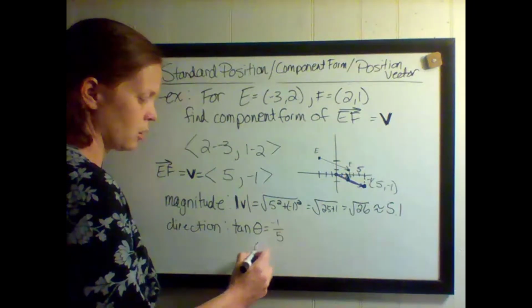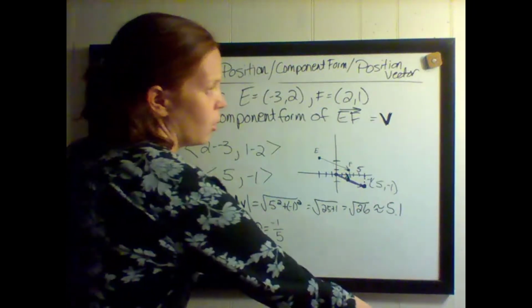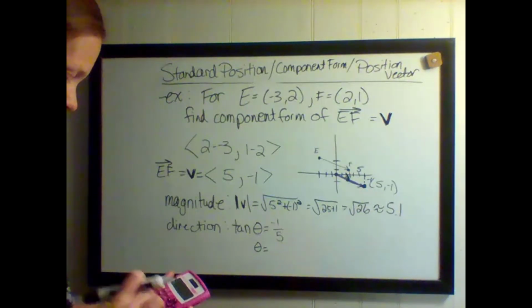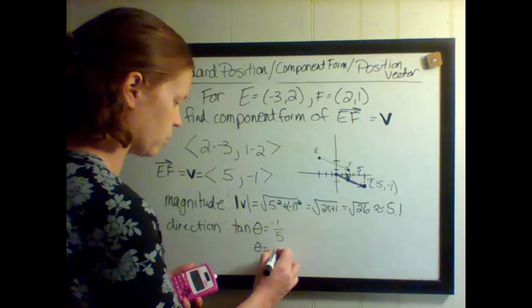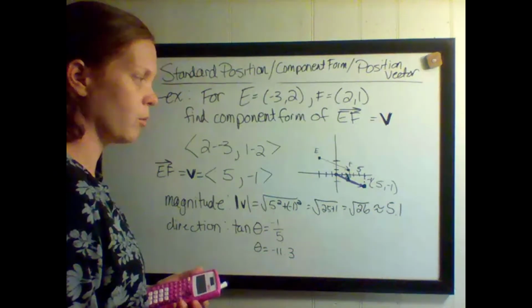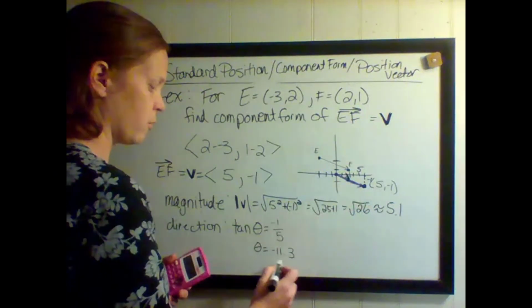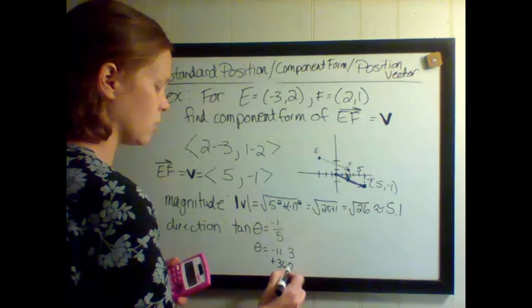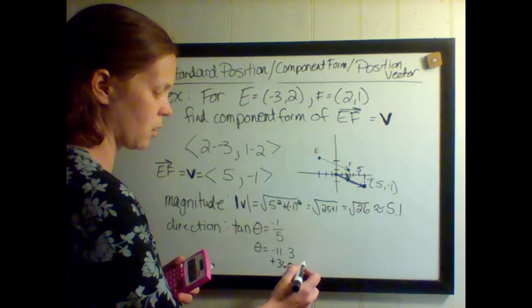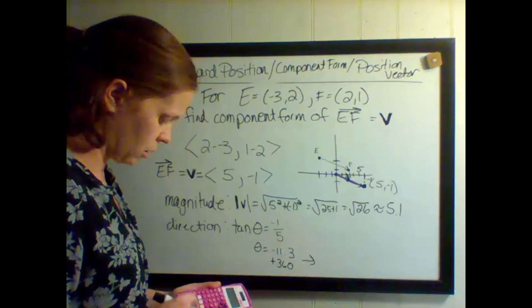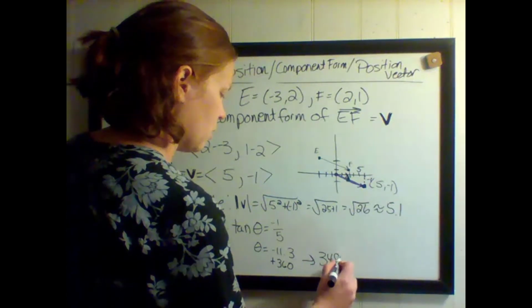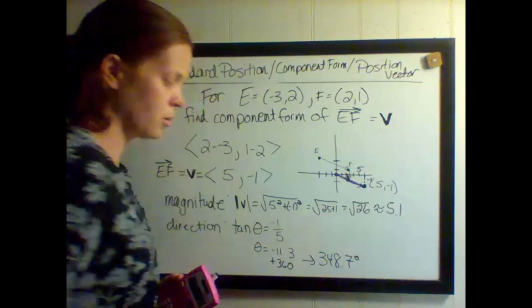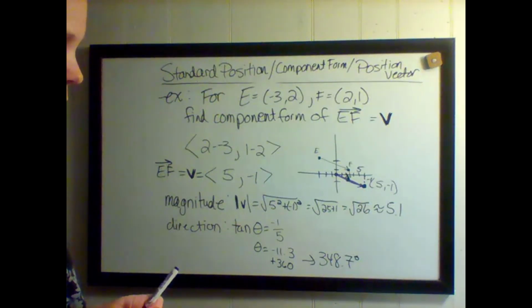So when I do tangent inverse of negative 1/5, I get negative 11.3 degrees. Now typically though, we'd want to make it the positive version. So if we take 360 minus 11.3, we get 348.7. So between 0 and 360 would be a direction of 348.7.